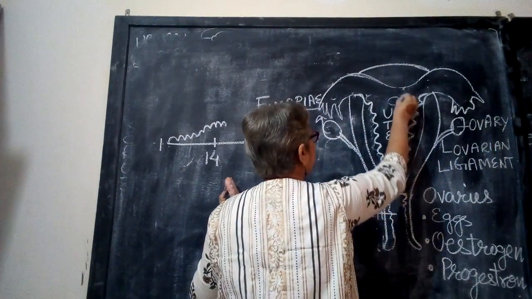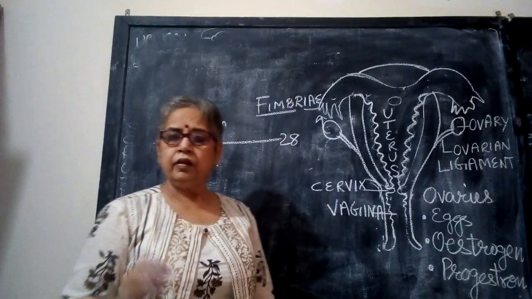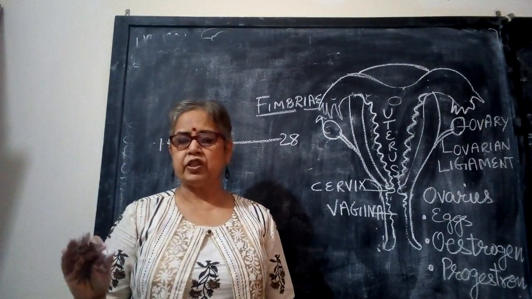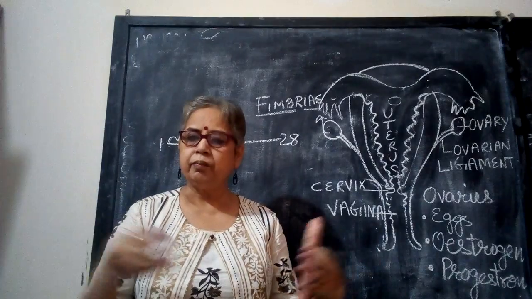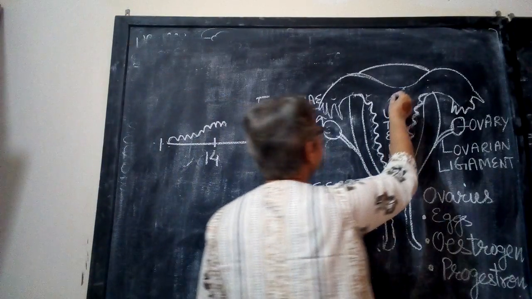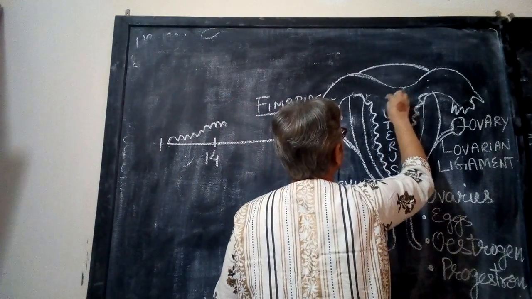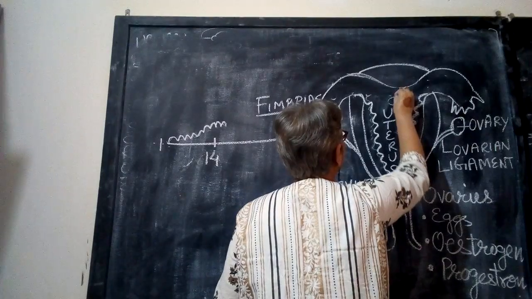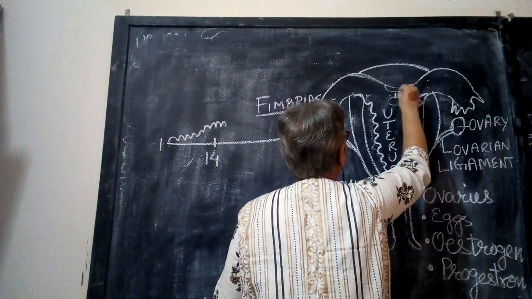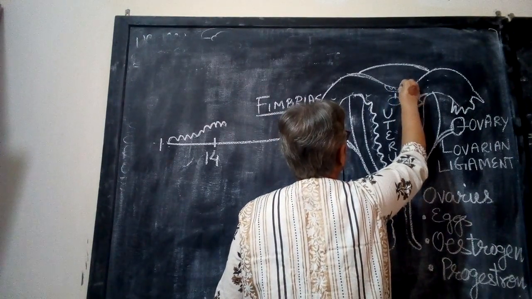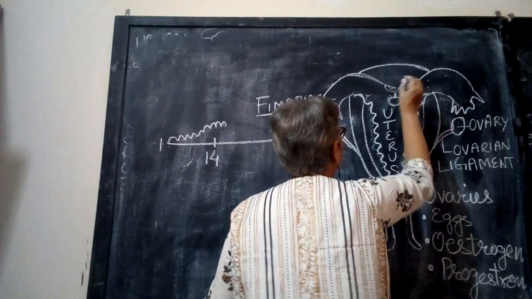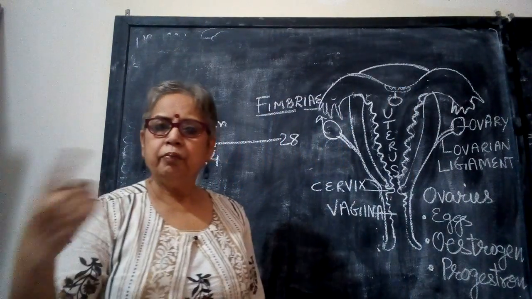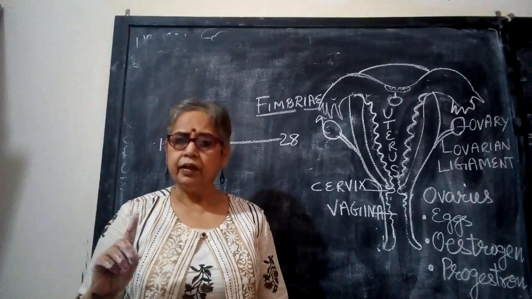The embryo reaches here, then the villi, finger-like projections from the embryo side and from the mother side, combine to form a disc-like structure called the placenta, which connects the embryo to the mother's body, right?